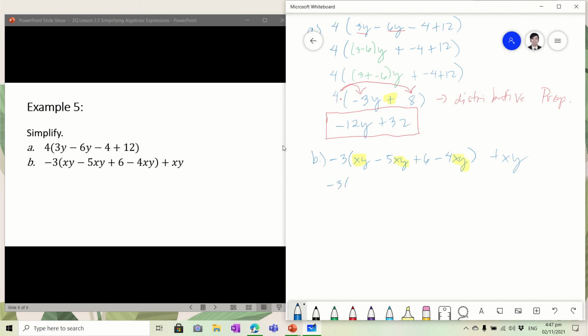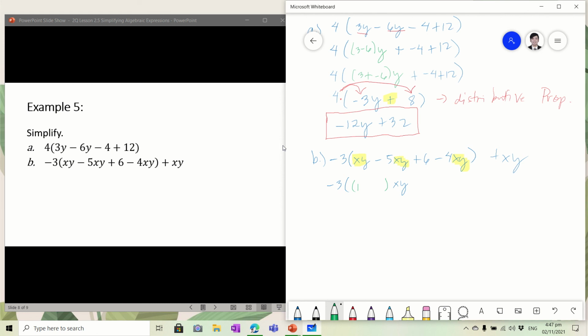So we just have to copy xy and then we combine our numerical coefficients. For xy, if you don't see a number before it, it doesn't mean there is no numerical coefficient. It means that it's a 1.